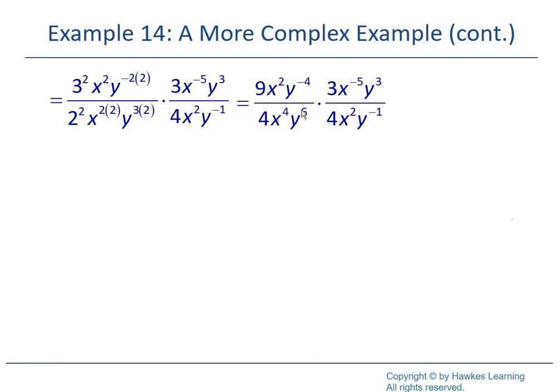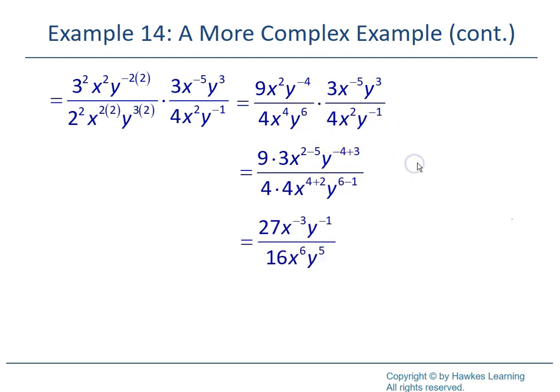So not too bad. And then this one we didn't change anything yet. But we can do some simplification. Now we go 9 times 3, because nothing cancels out. This is going to be a 27. We're going to do our exponents here, kind of combine things, so eventually you get to this stage.